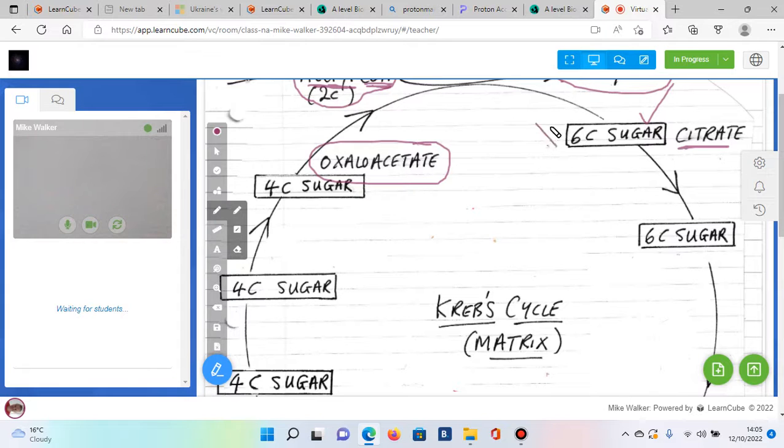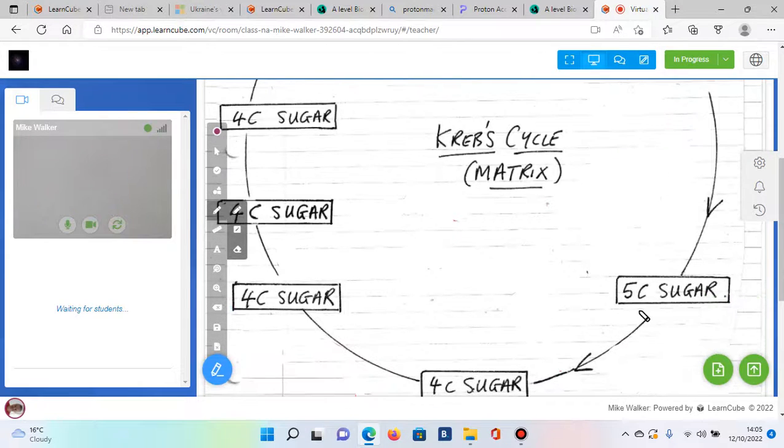Now we've got a 6-carbon sugar there, the citrate, and it then changes to another 6-carbon sugar. So if we try and remember a number which will help us, 6, 6, they're the two 6-carbon sugars. It's then going to be turned to a 5-carbon sugar and then a 4-carbon sugar.